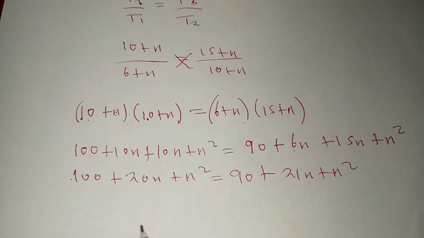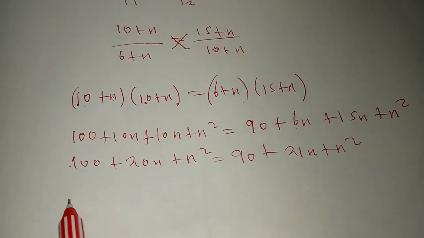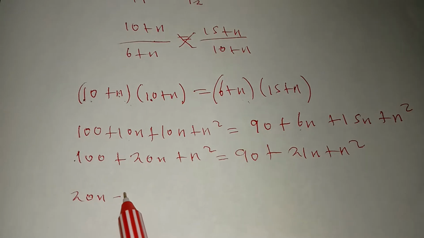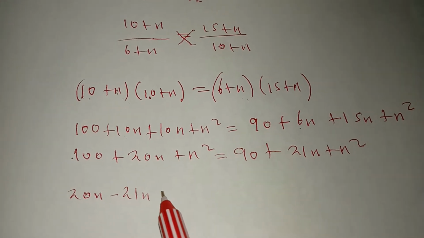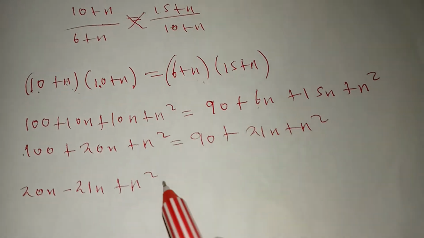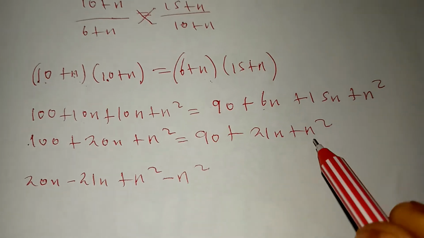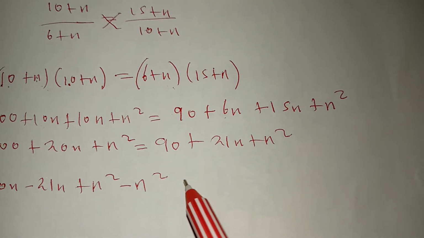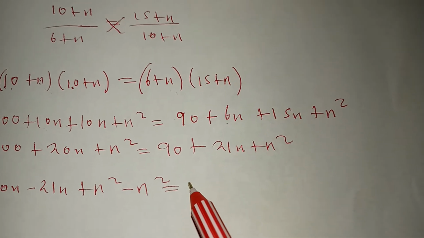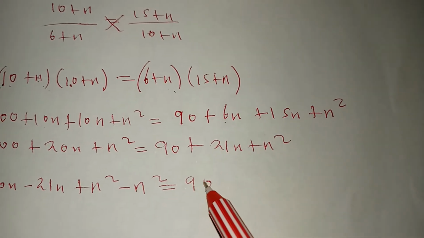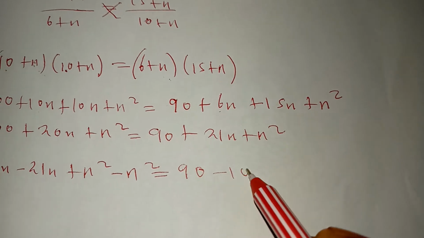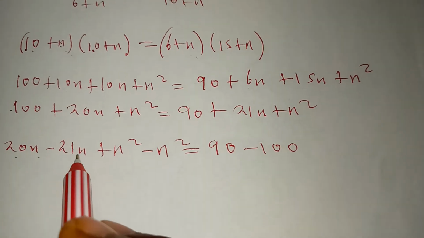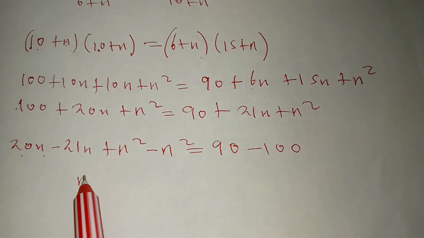Let's collect like terms. So we are going to have 20n minus 21n plus n squared minus n squared. This will come on the other side and the 100 will go on this side. This is equal to 90 minus 100. Then 20n minus 21n, it is just n.